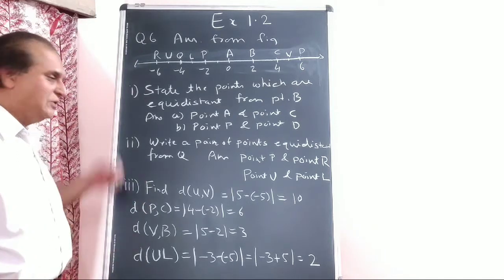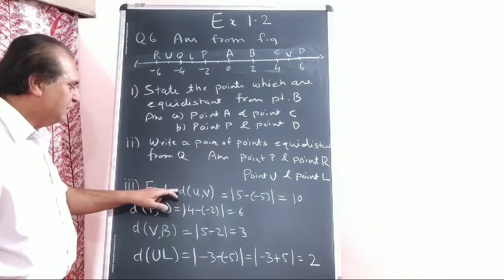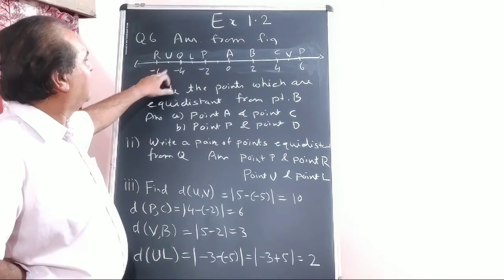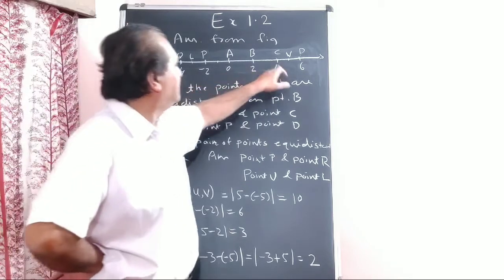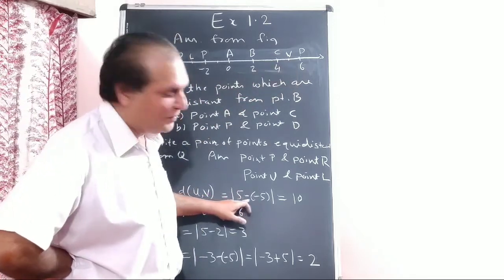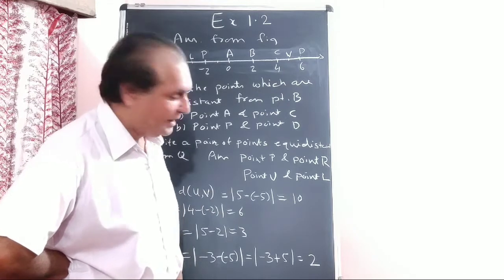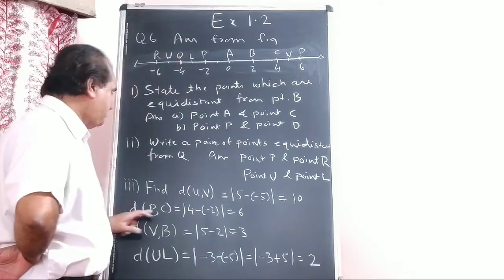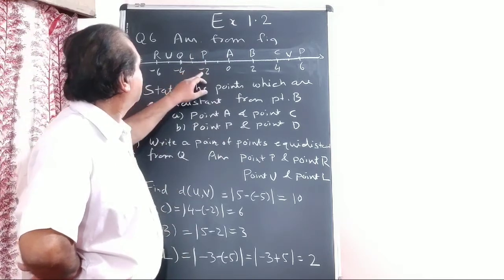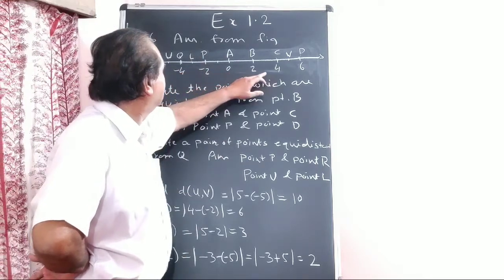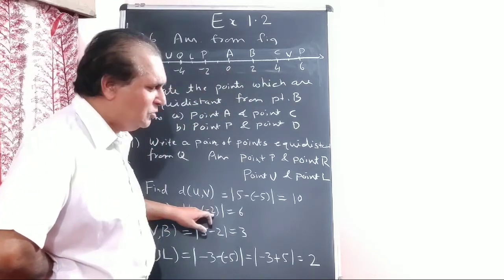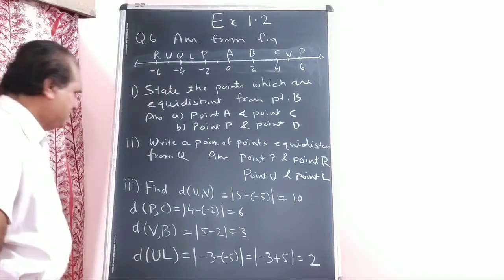Now some distances you have to calculate. What is distance UV? U is minus 5 and V is plus 5. 5 minus minus 5, that is 5 plus 5, that is 10. Getting? Distance PC. Where is P and where is C? 4 minus minus 2 means 4 plus 2, that is 6.